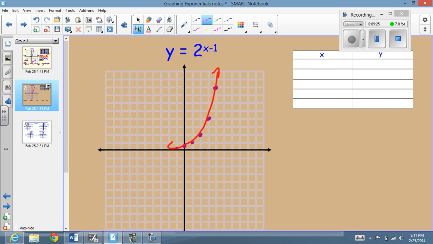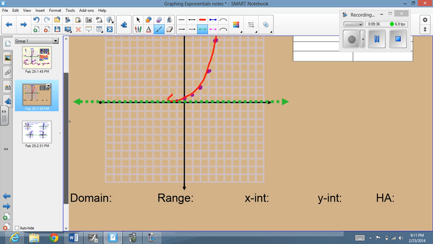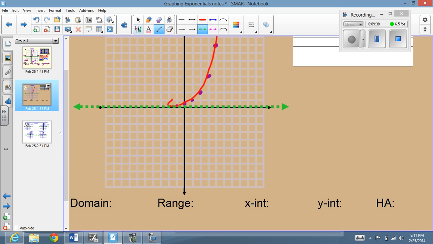Once again, though, you'll notice that this never crosses the axis, so we have another horizontal asymptote at 0. So, a little different, but a lot the same. Our horizontal asymptote is at 0. Our y-intercept, instead of being where it was, is now at 0 and 0.5.